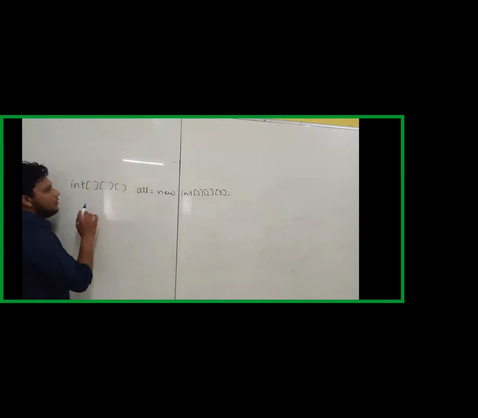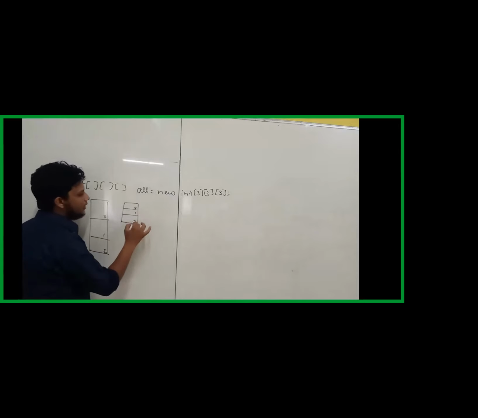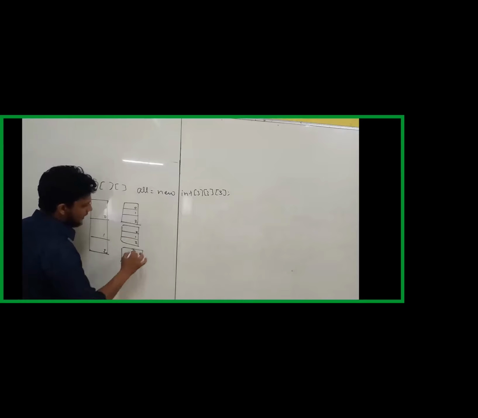Now, how is this going to be stored? If you ask me, first, until 3, that is 0, 1 and 2. Inside this, again 3 will come, that is 0, 1 and 2, and inside this 0, 1 and 2, and inside this again 0, 1 and 2 will come.